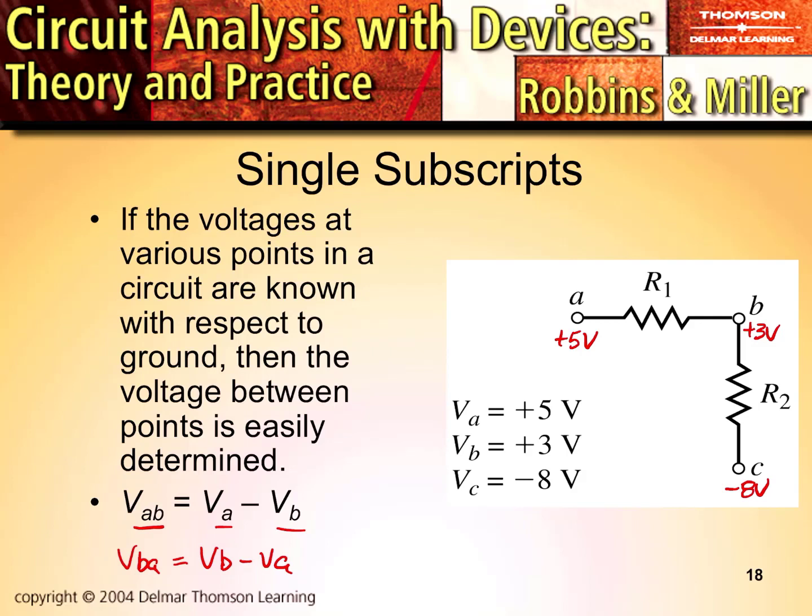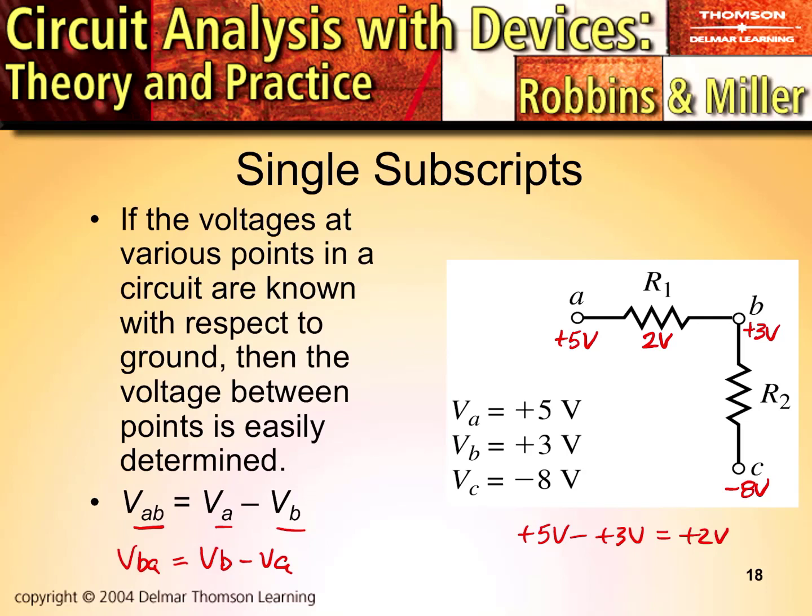Now we can determine any of the voltage drops for these resistors based on this. If we wanted to determine what VAB was here, VA is plus 5 volts minus plus 3 volts to give you a total of plus 2 volts. So our VA value is 2 volts more positive than our VB value, and we've got our VAB of plus 2 volts.